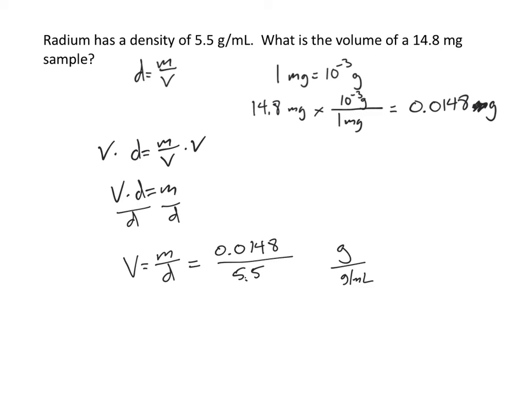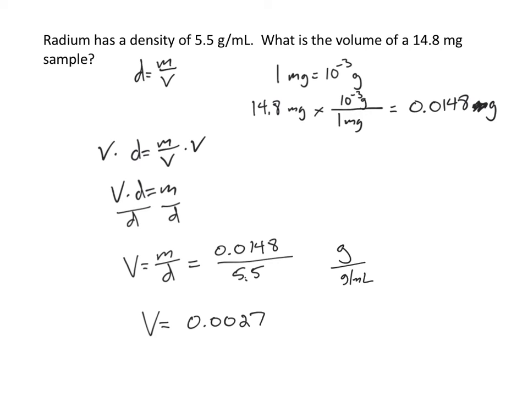So first, let's evaluate the numerical part. Right, so the volume is going to be 0.0148 divided by 5.5. Into two significant figures, I get 0.0027.